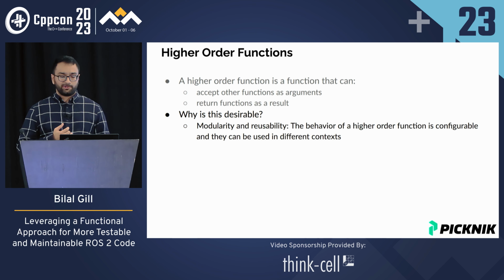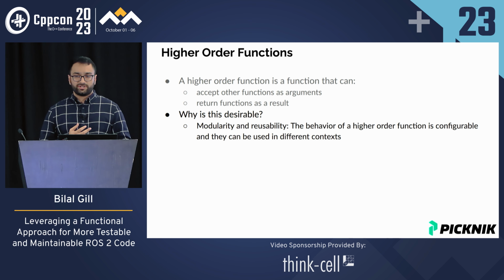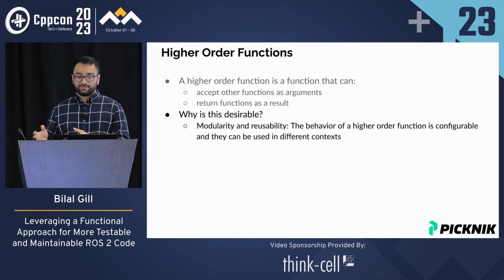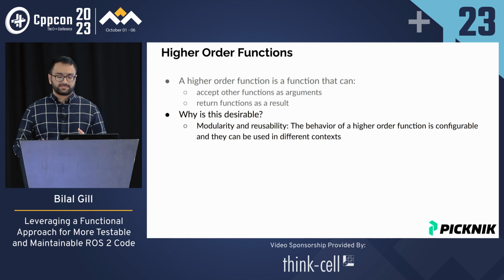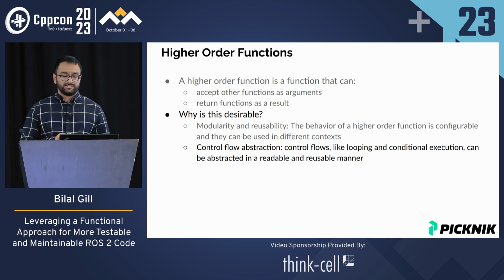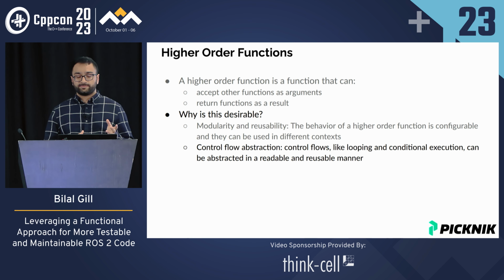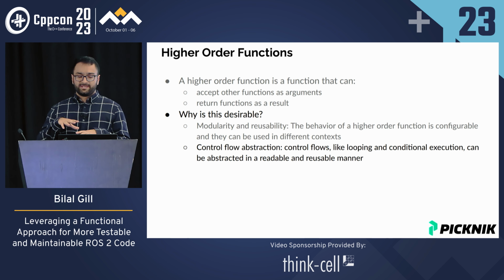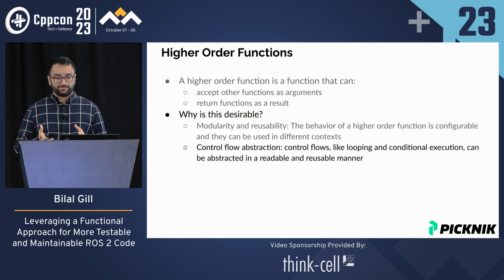One thing is higher order functions have a lot of modularity and reusability. The behavior of the function is configurable, and they can be used in different contexts. Another thing we can do with higher order functions is control flow abstraction. Control flows like looping and conditional execution can be abstracted in a readable and reusable manner.